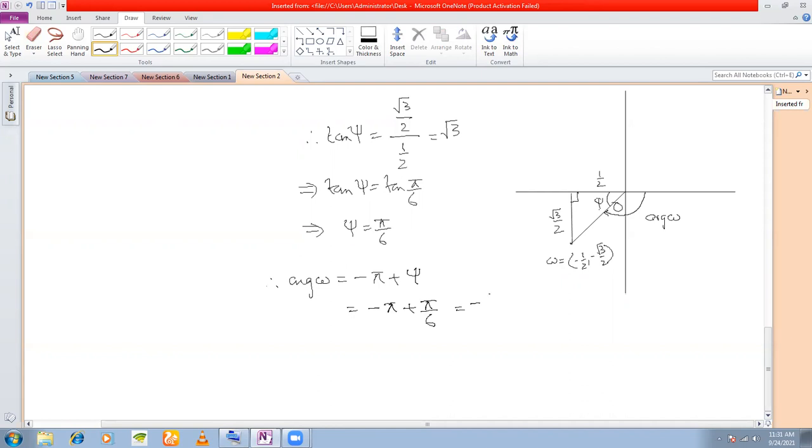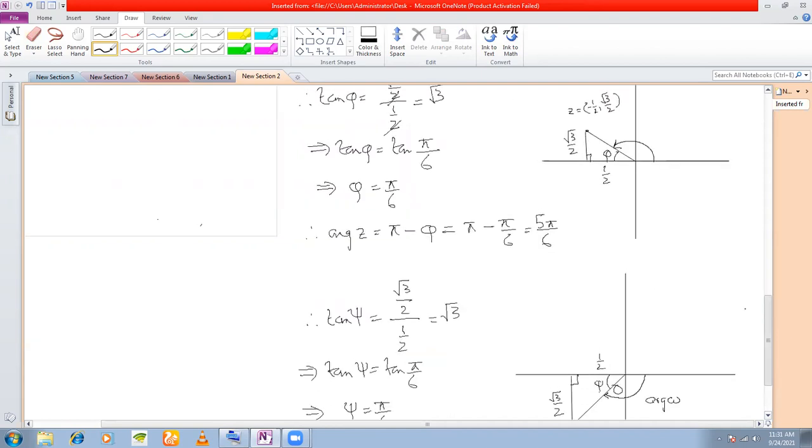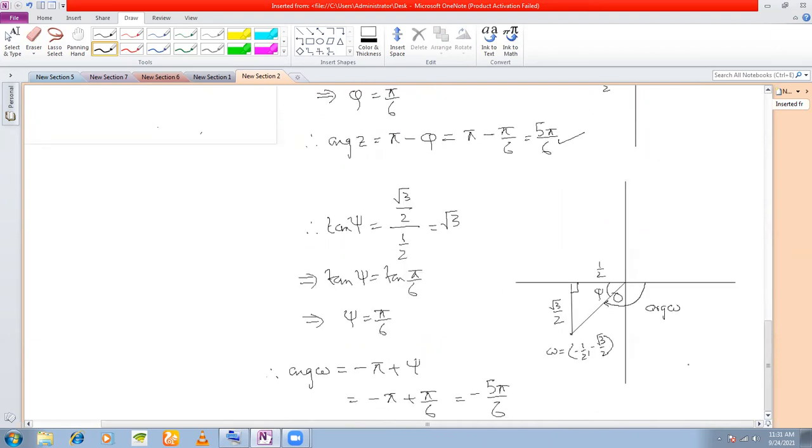So you are going to find this as minus 5 pi by 6. The argument in the first case you are getting as 5 pi by 6, and in the second case minus 5 pi by 6. Clear? Any question? No, sir.